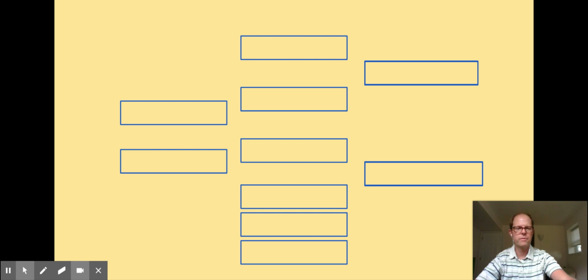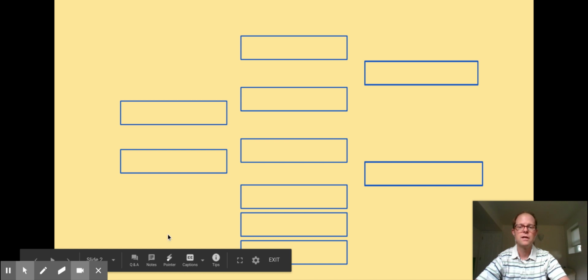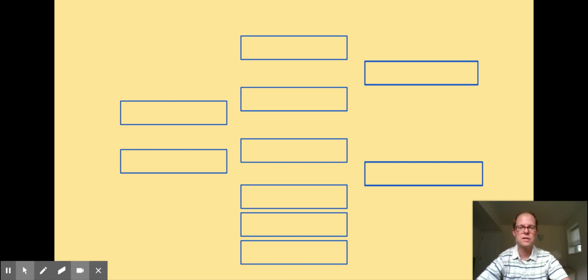Okay, now before we really dig in, in your notebook for World History 2, on the first clean page, on the first free page, which may either be right behind your reading notes 12.2, or it may be the very first page in your notebook, I'd like you to create a diagram template similar to this one.